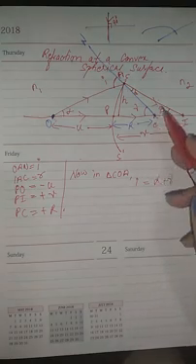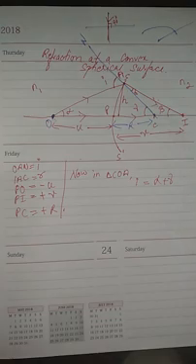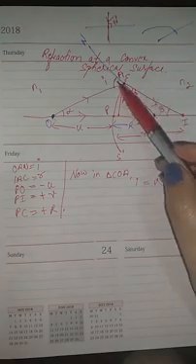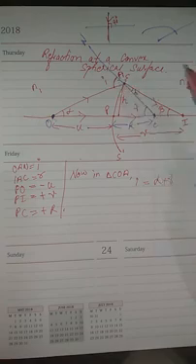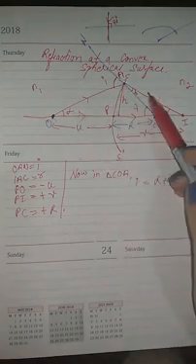That is because exterior angle is equals to sum of interior angles.